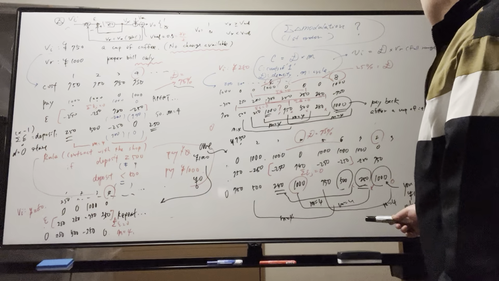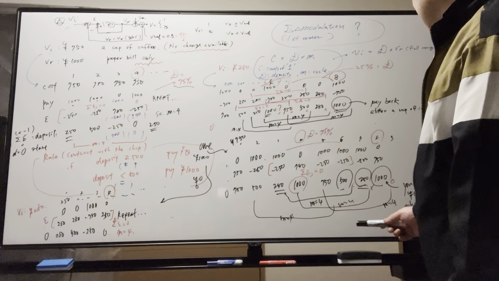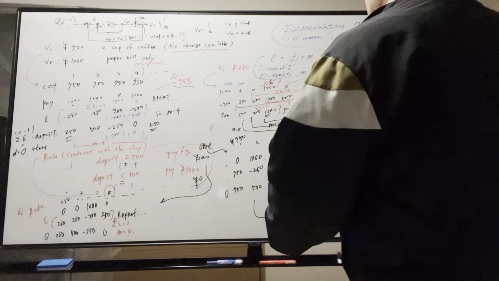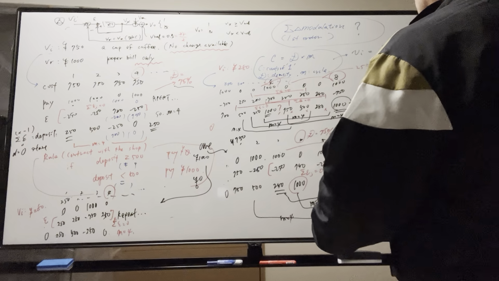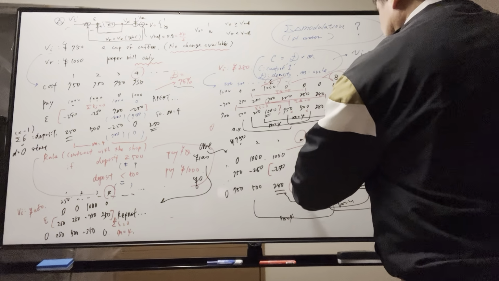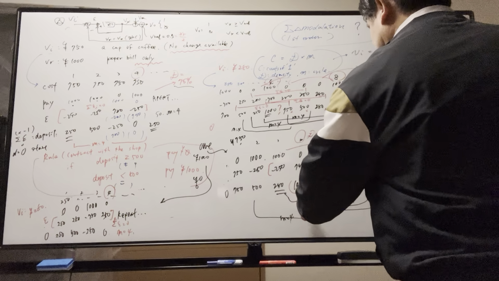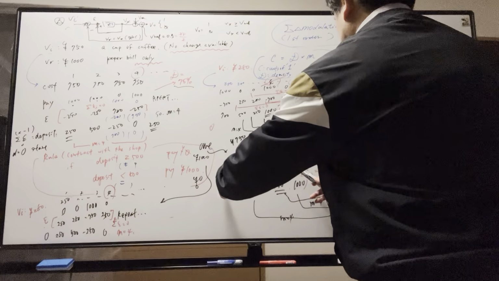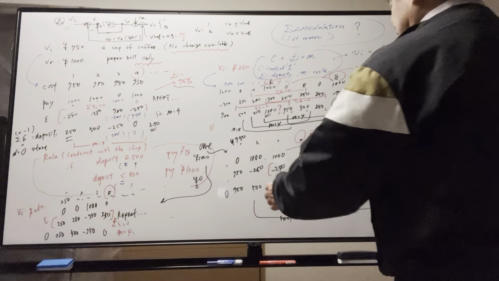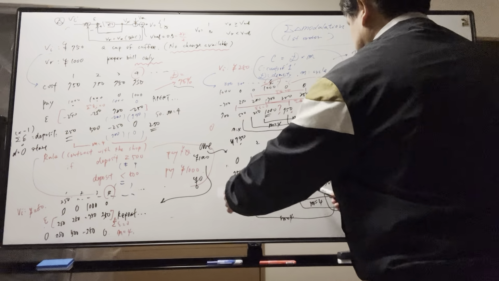So this is 1,000. You can stop. You can stop if you stop there. It seems okay, but actually there's no cycle matched.